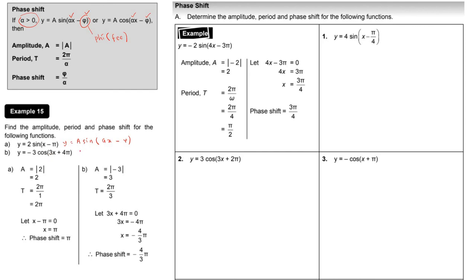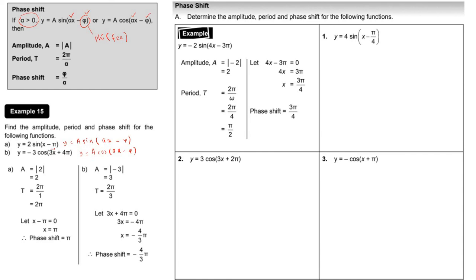Second equation we can compare with y equal a cos alpha x minus phi. So a is 3, alpha also 3, phi is 4 pi. Okay. So for amplitude, modulus negative 3, amplitude equal 3, period, 2 pi over alpha.